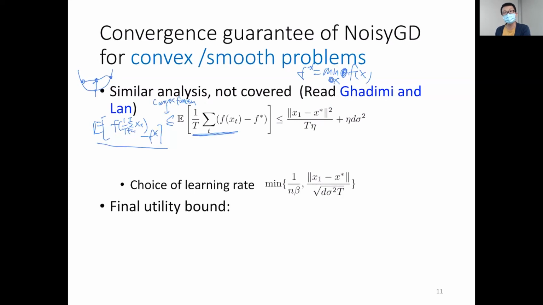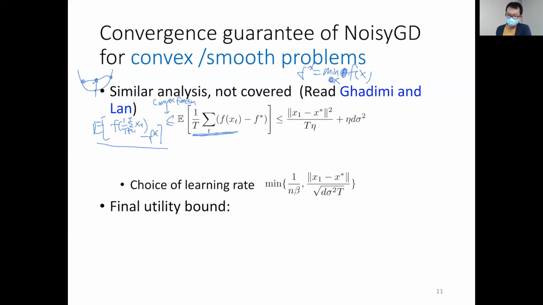We can always take this x1 to be just 0. I don't know if you still remember from the table of objective perturbation and output perturbation, the bounds that we end up getting always depend on this theta star 2 norm, and this is where it could potentially be coming from in this context as well.